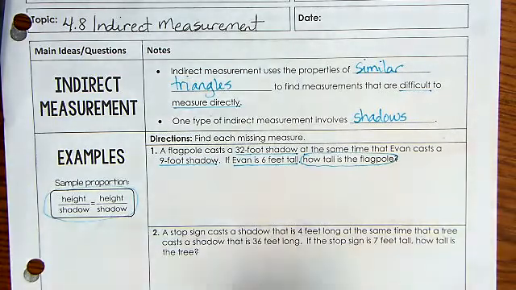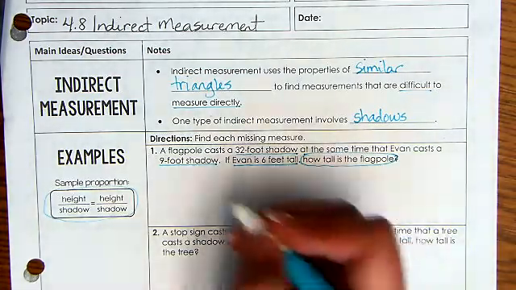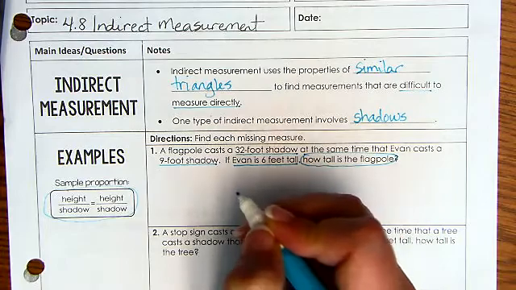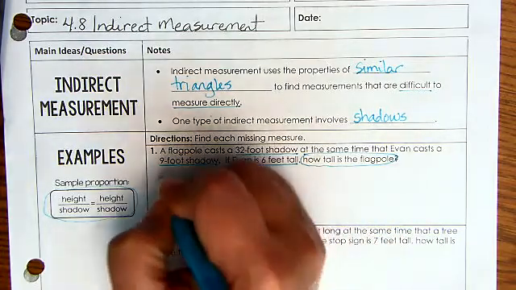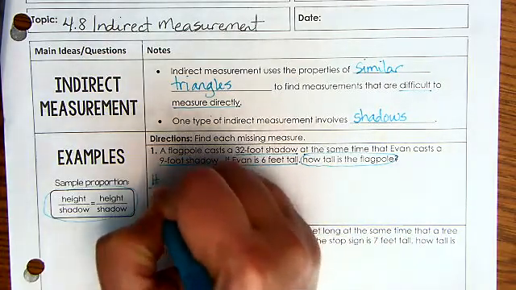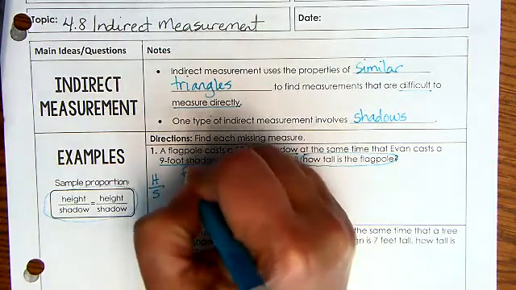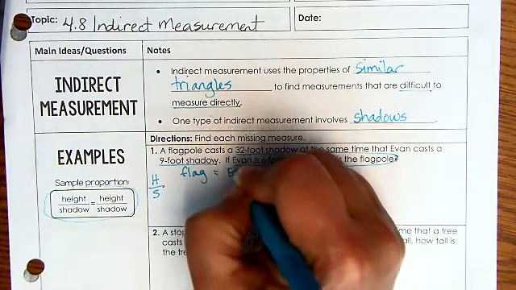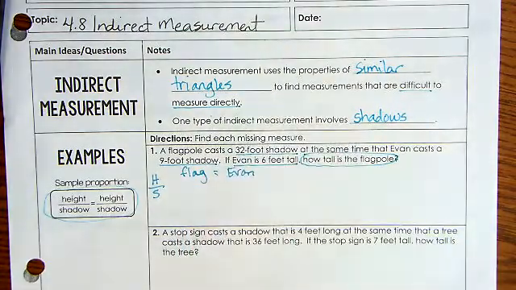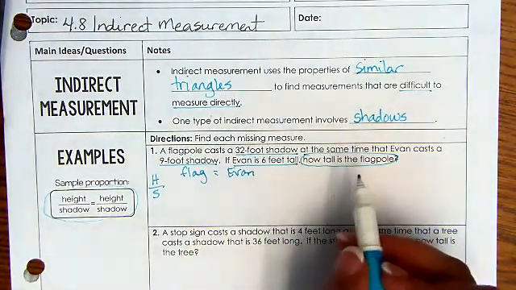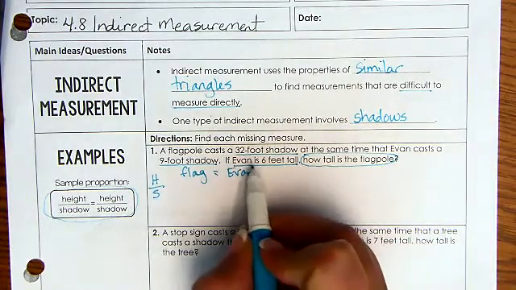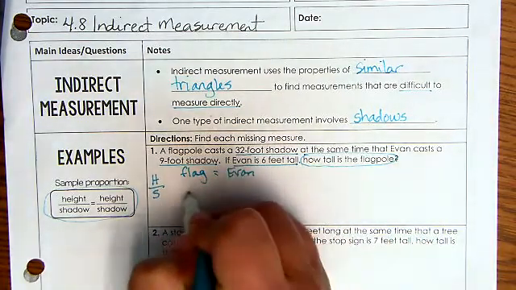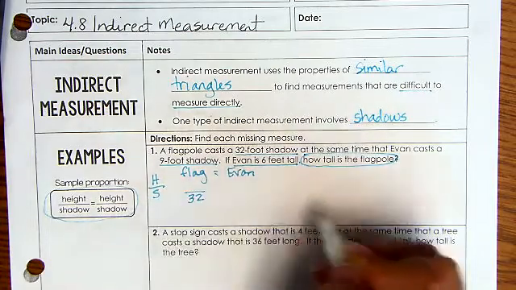When I'm looking at this proportion, I'm going to set up the ratio of height over shadow, with the flag equal to Evan. The shadow for the flag is 32, so that goes on the bottom.